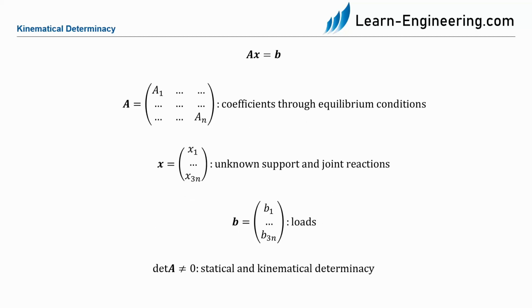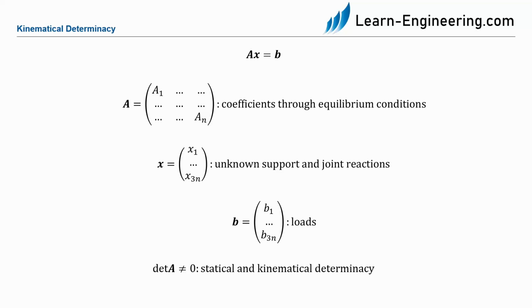It indicates the degree to which a system is statically indeterminate. Now, if we have a statically determinate system, there is a possibility to determine the kinematical determinism. To do this, the equilibrium conditions must be written down and the equations converted into a linear system of equations. This contains the matrix A multiplied by the vector x equal to the vector b. The matrix A contains coefficients that arise when the equilibrium conditions are set up.